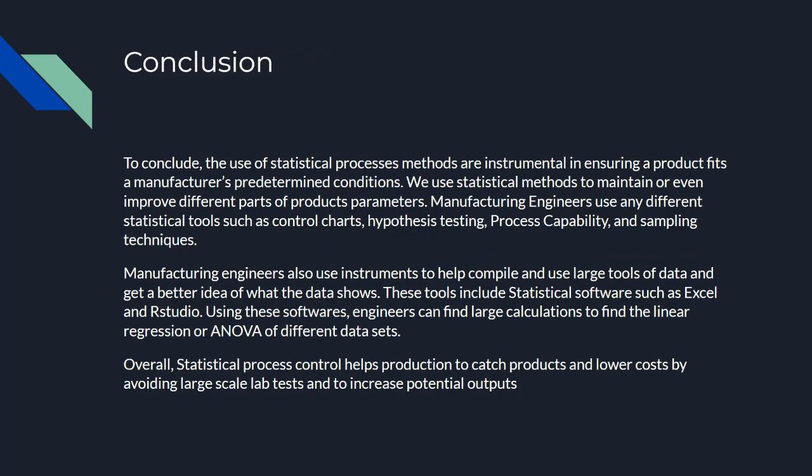We use the various products as data, and we then compile this data within our software to get a better idea of what this means. Overall, statistical processes help control production by catching poor variation and finding different ways that we can improve products, like efficiencies, cost effectiveness, and overall many variations.